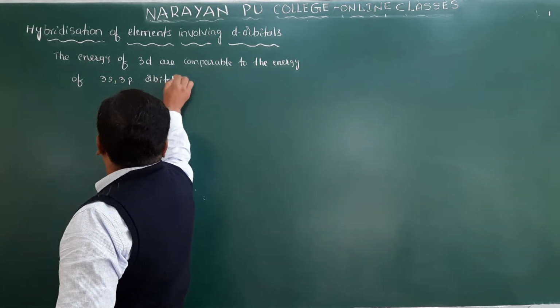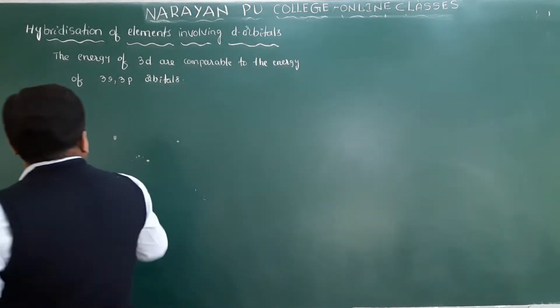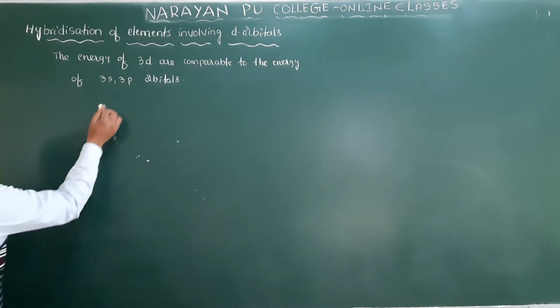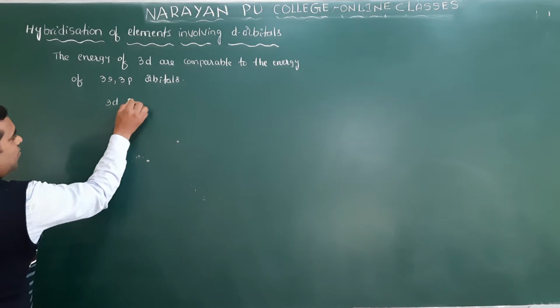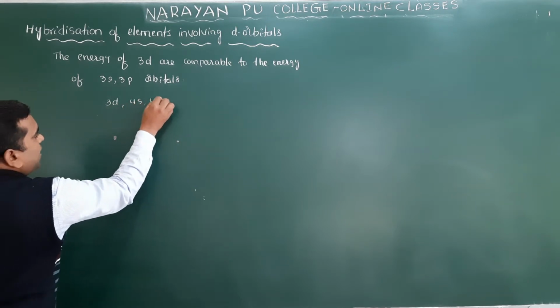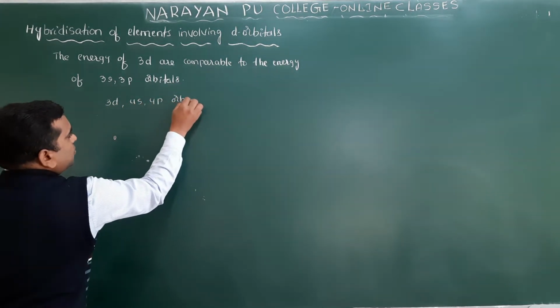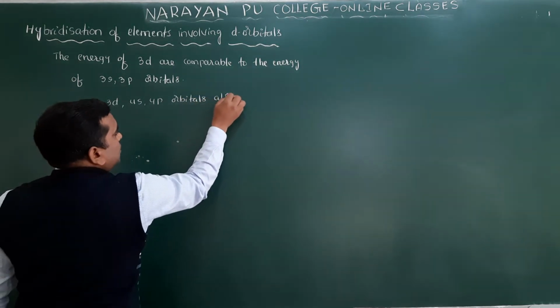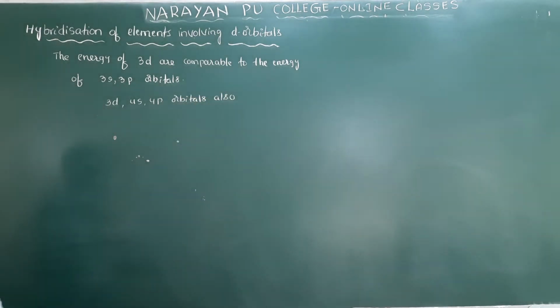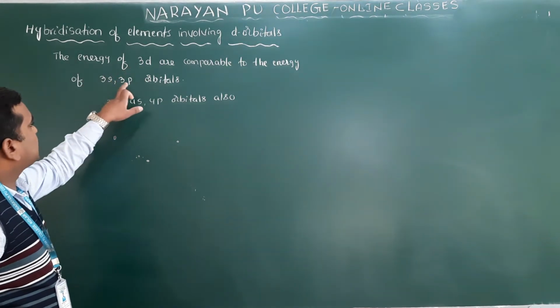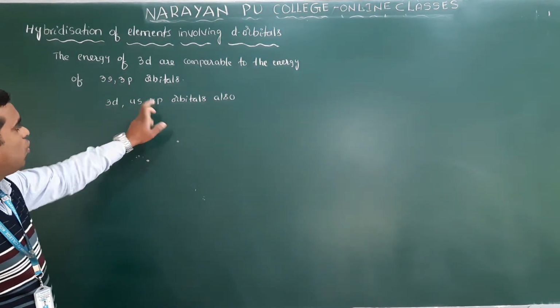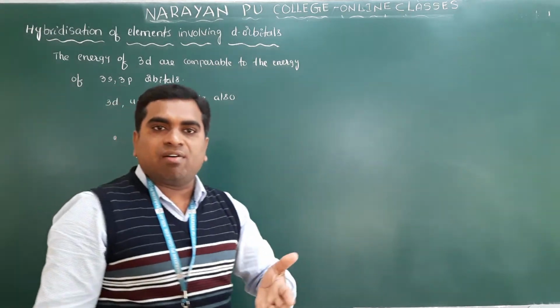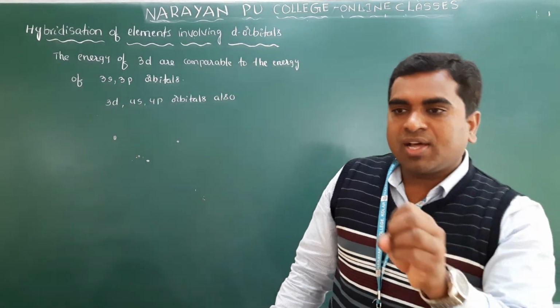In the same way, the energy of 3d orbitals is comparable to the 4s and 4p orbitals also. So this means 3d, 3s, 3p and 3d, 4s, 4p orbitals will have almost similar energies.